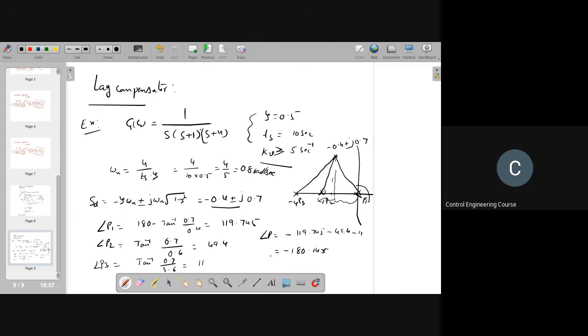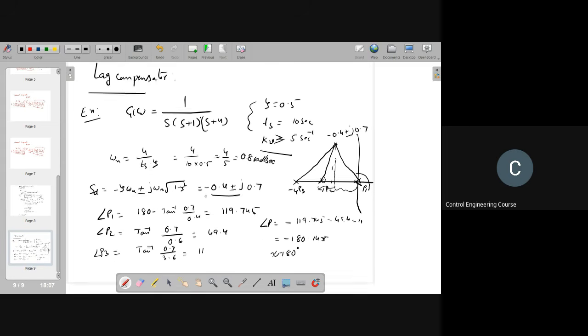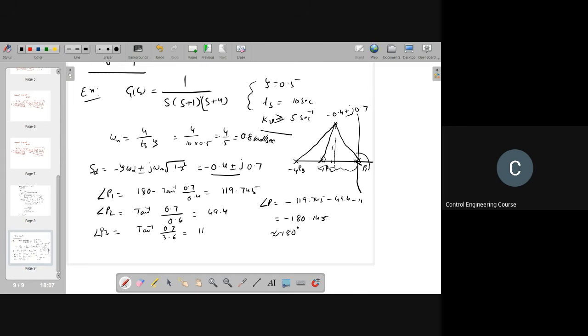Because of some numerical approximations, this is approximate, we can say that this is minus 180 degrees, right? So that means the desired point, s_d, is already on the root locus.